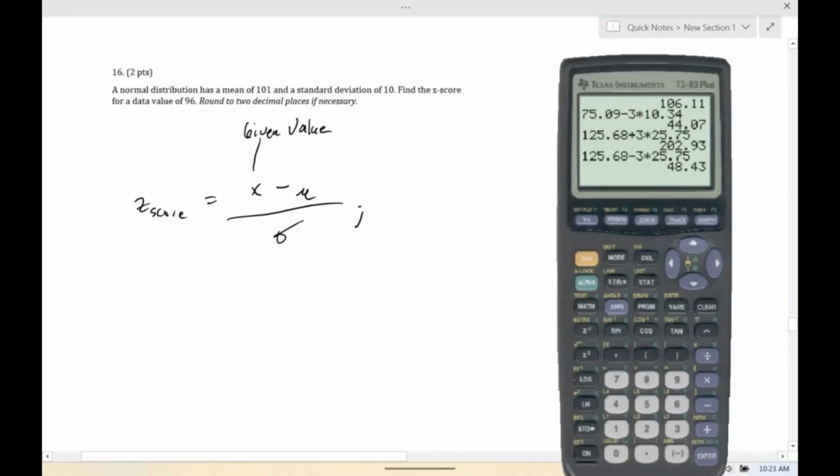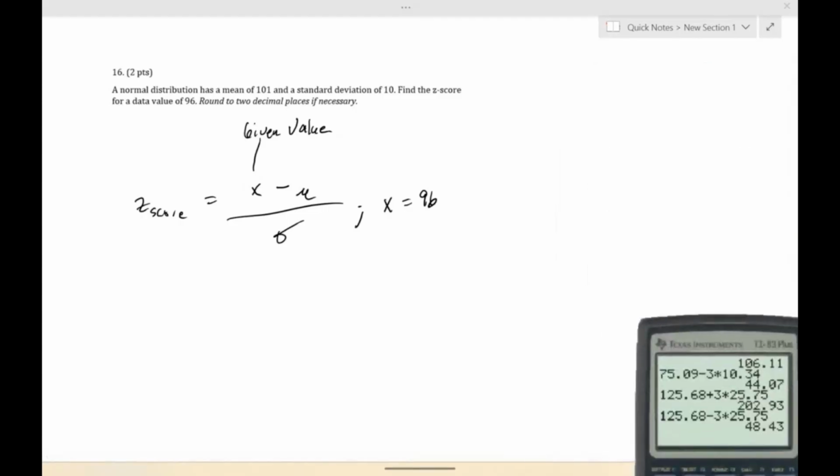So in this example, we're going to treat x as 96, right? That's our given data value. The mean is given as 101, and the standard deviation is 10.